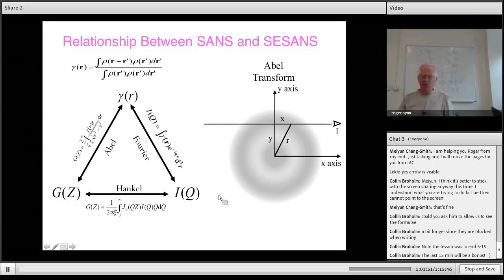So not to belabor that point, let me just say that the Debye correlation function, the correlation function we measure with CSANS, and the intensity you measure with SANS are all related to each other. You can see the Debye correlation is related to what you measure in CSANS by this Abel transformation. What you measure in SANS is related by a Fourier transform, and not surprisingly, these two are related by another transform called a Hankel transform.